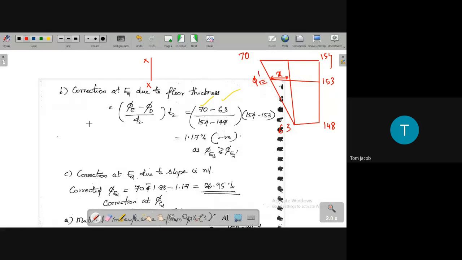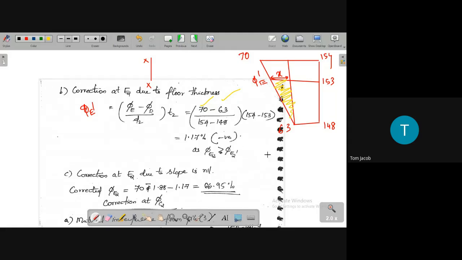Either you can do it using this equation, or from this figure you can calculate it by considering this small triangle and this big triangle.